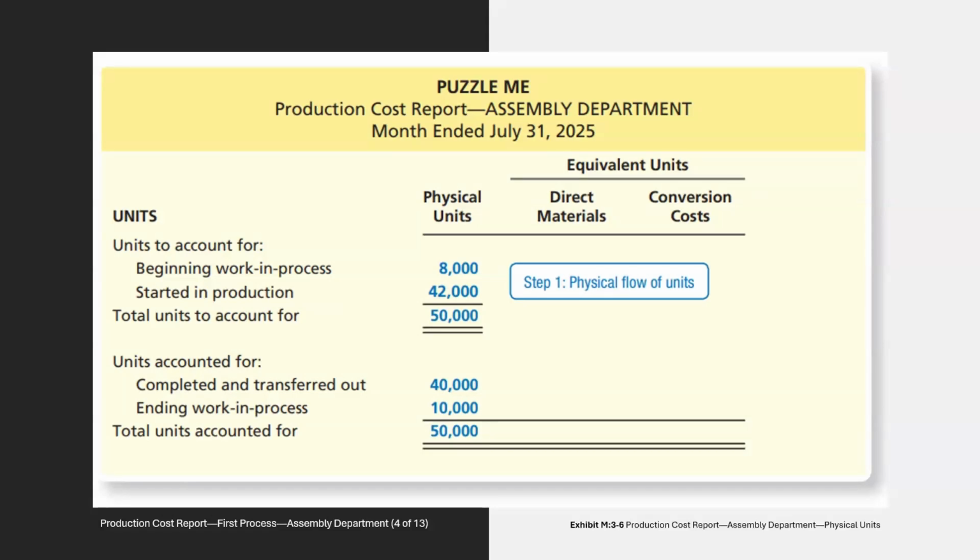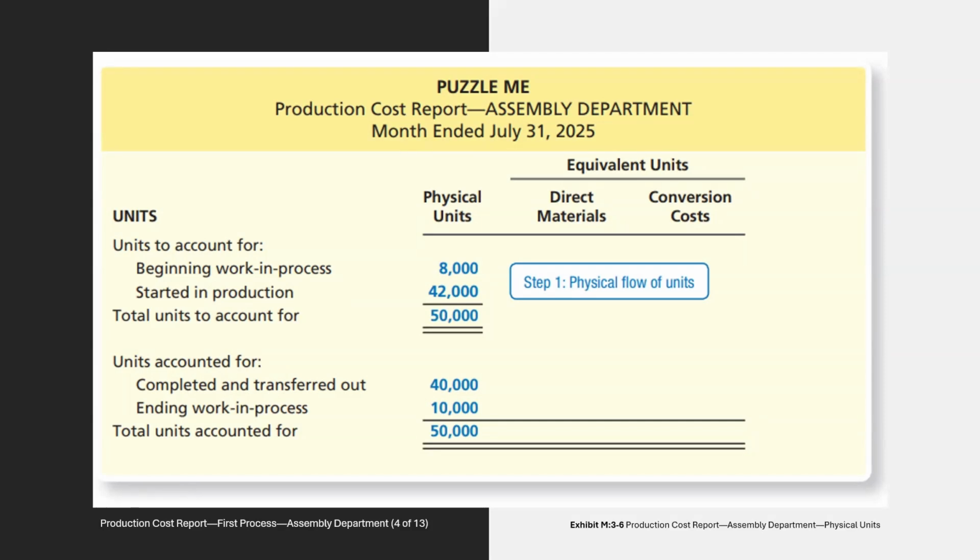So we are ready to record this information on the production cost report. Here you see in Exhibit 3.6, it shows units to account for and units accounted for. Notice that we are completing the unit section of the report. At this point, we are not yet assigning costs to units.